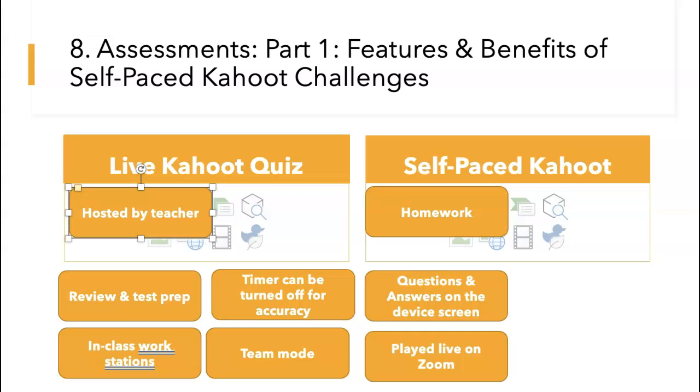On the left we have live Kahoot quiz, and then on the right self-paced Kahoot, and the items on the bottom are all features and functions of the 2 types of Kahoot modes. So now the learners have to sort these items and put them in the right category. This interaction also applies the instructional strategy of compare and contrast, because here you are comparing and contrasting two categories.